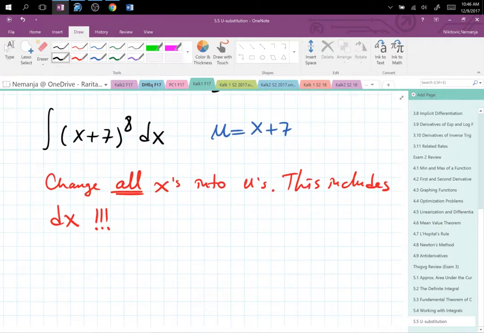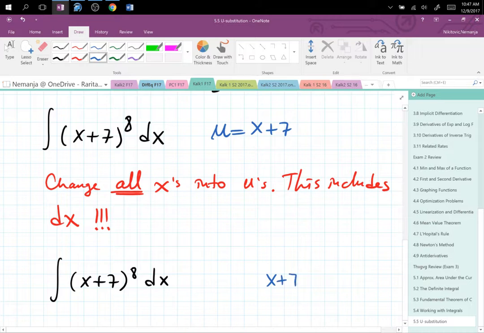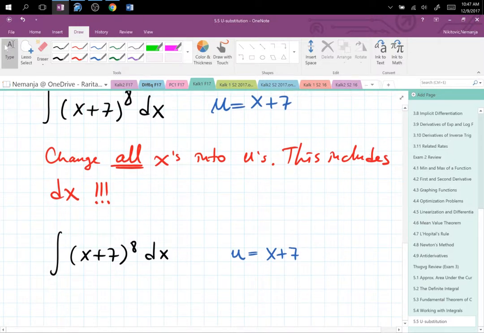So rewrite the problem. Integral of (x plus 7) to the 8 dx, and I said in my head, I know I can deal with this problem if this x plus 7 was a single variable, and I'm going to call it u. Well, now, to find the relationship between dx and du, I can simply take the derivative of this with respect to x.